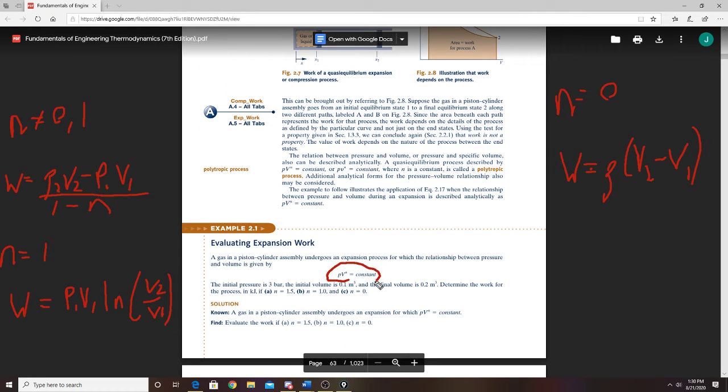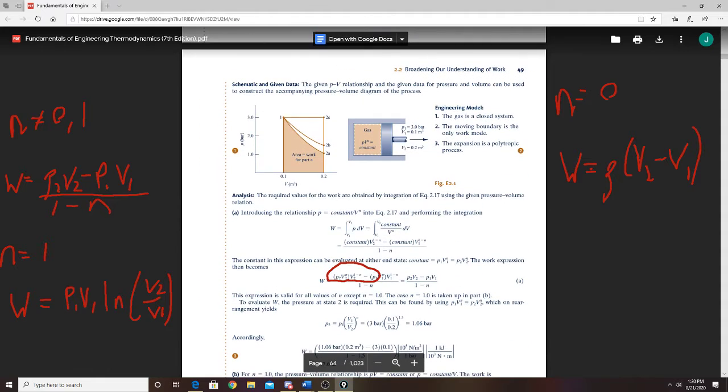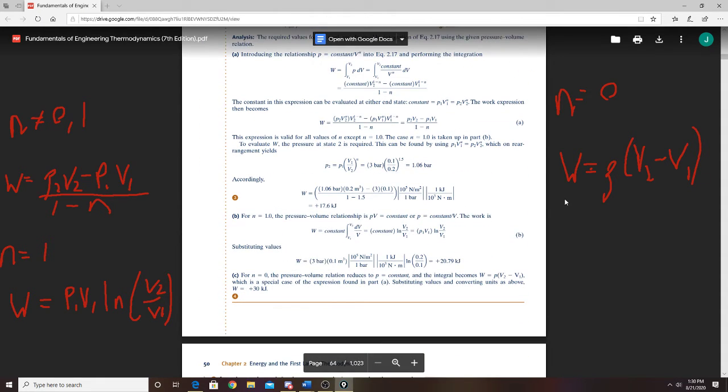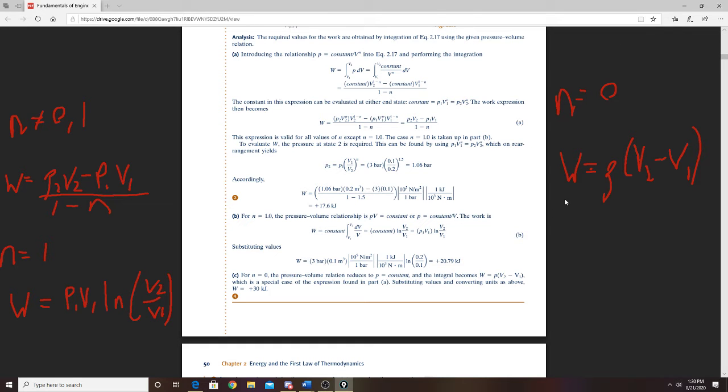They just plugged this in and rearranged it in the integral, and then they did integration by logarithms, and then the other one was just a pretty simple integration because pressure was constant. So hopefully that makes a bit of sense, because these are things that we do need to know.